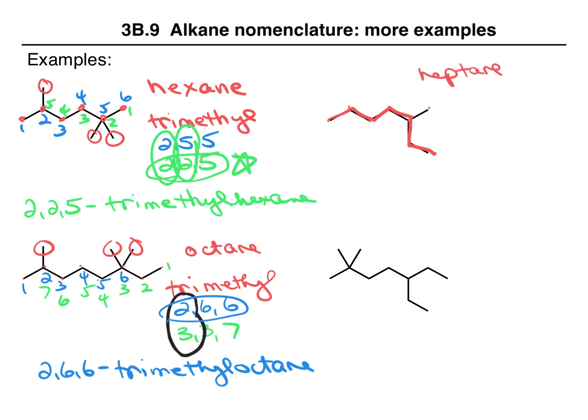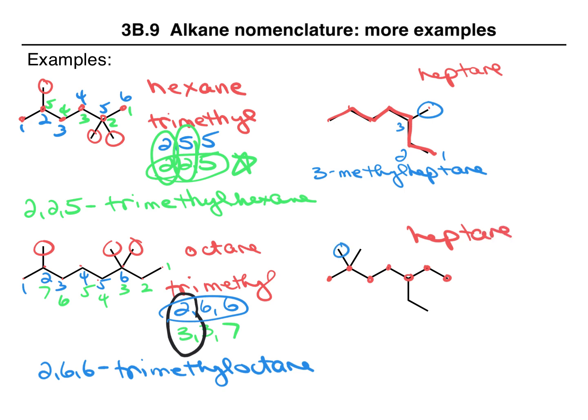Now we would number from right to left, which would give 1, 2, 3, and this is a methyl group, so this is 3-methyl heptane.